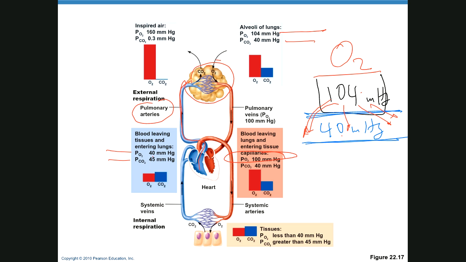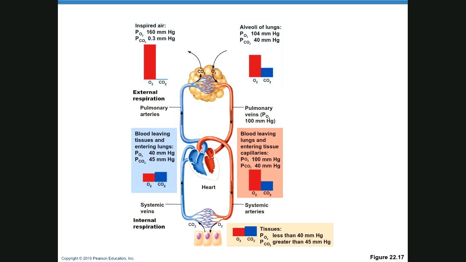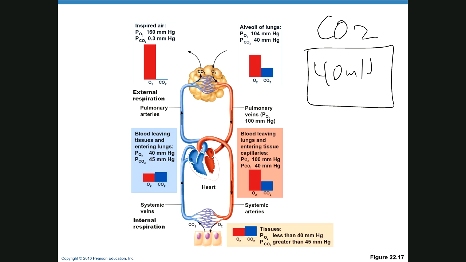CO2. Let's go for CO2. All right, CO2 in the lungs is 40 millimeters of mercury. CO2 in the blood that's coming in is 45 millimeters of mercury. Now, keep in mind, what we need to do is get rid of the CO2.